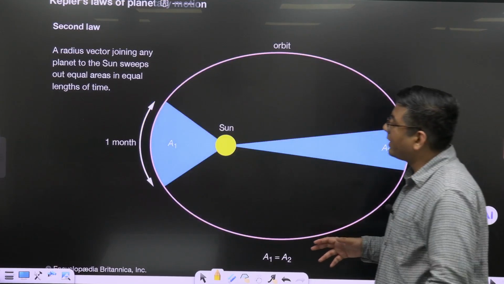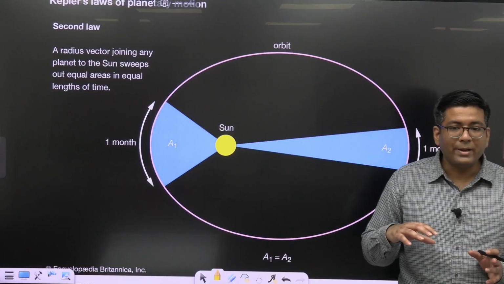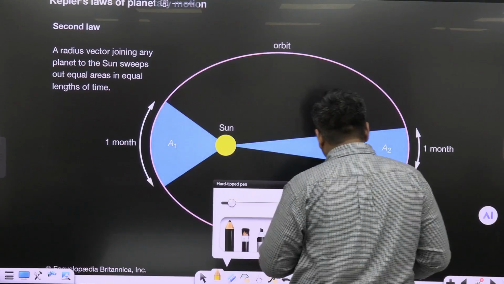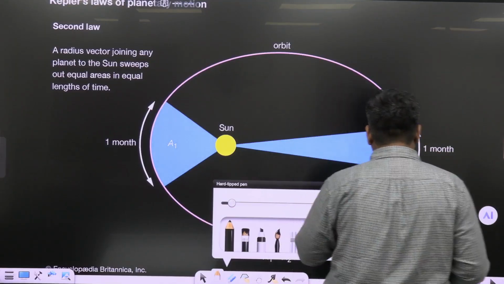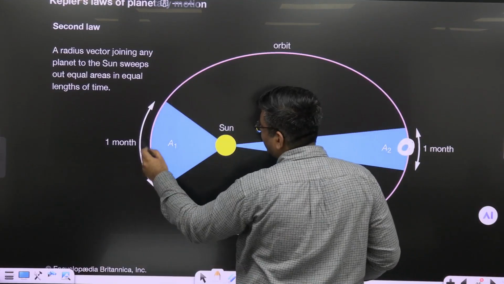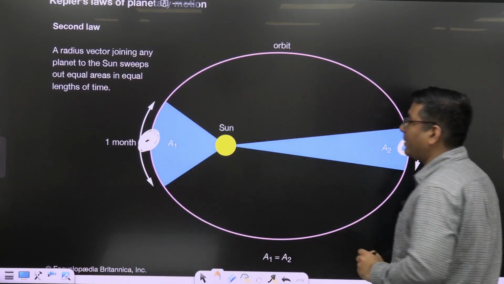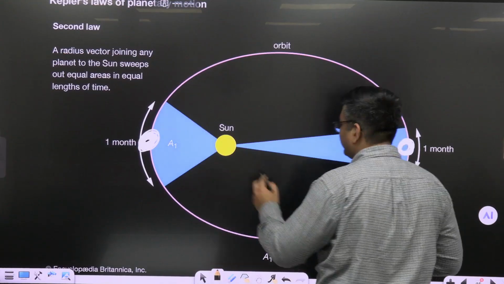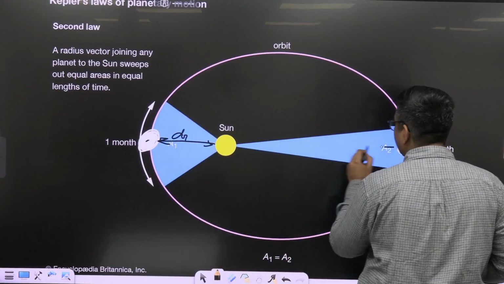Now the second law of Kepler was that whenever a planet is revolving around the sun, okay, so this is basically the orbit. What is happening is that from the sun, let us say that we have the planet here. Okay, we have the planet here, and then over the year the planet is here at some point of the year. Now we see that the center to center distance between the two has changed. Okay, this is the first distance and this is the second distance.